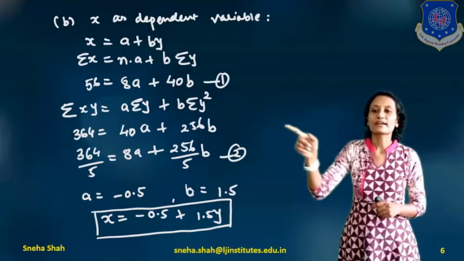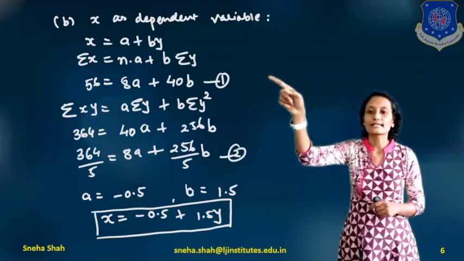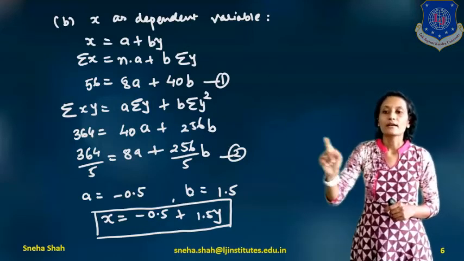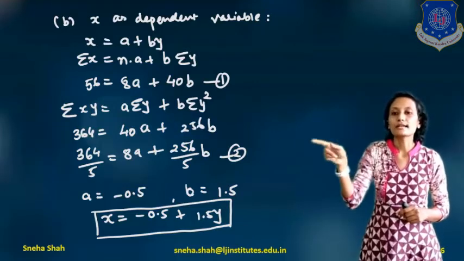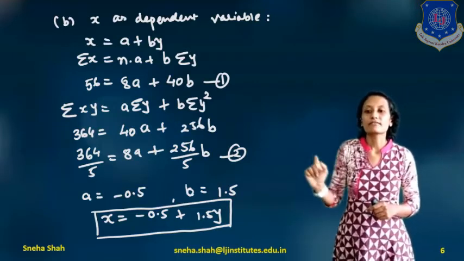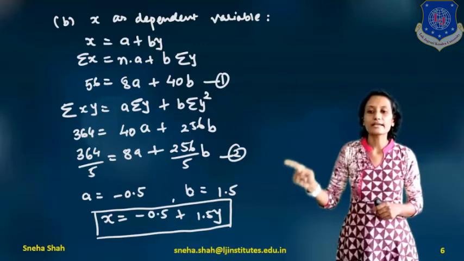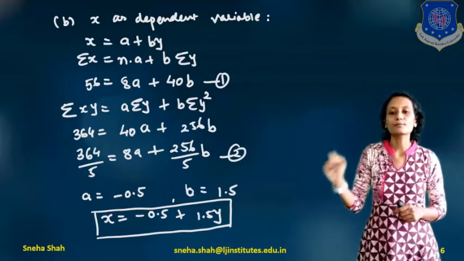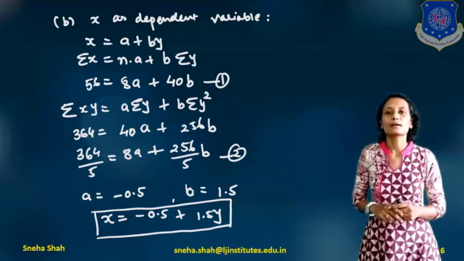Now, simplifying this from equation 1, to derive 8a over here, we will divide the whole equation by 5. So the term will be 364 by 5 equals 8a plus 256 divided by 5 into b. So this one is equation number 2.